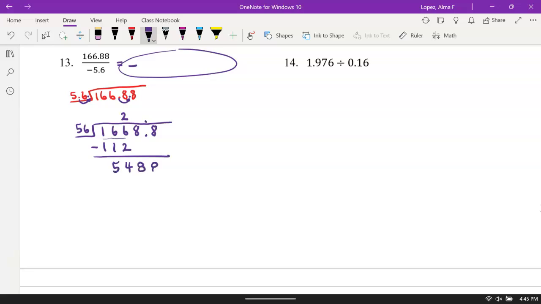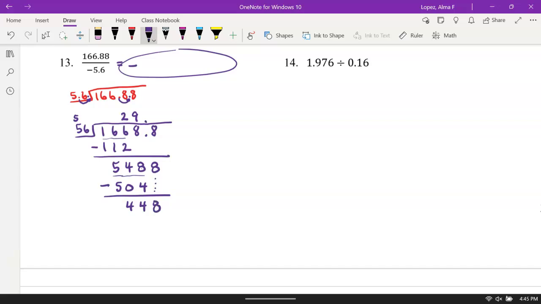Bring down the rest of the number. 56 doesn't go into 54, but it does go into 548. 56 goes into 548 9 times. 9 times 6 is 54. And 9 times 5 is 45, plus 5 more is 50. And I subtract. 8 minus 4 is 4. 4 minus 0 is 4, and I bring down the rest of the number.